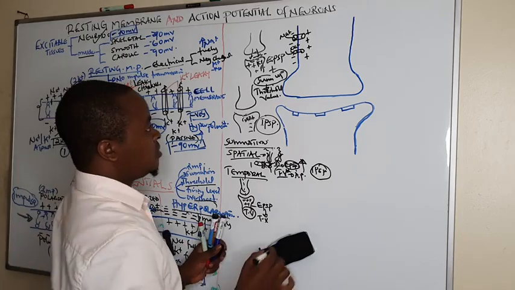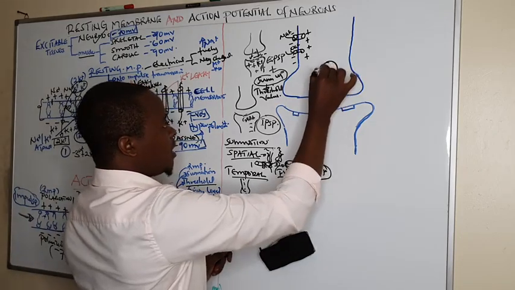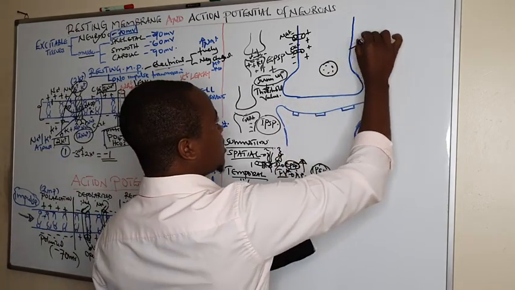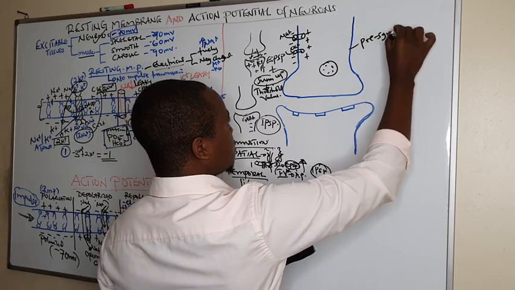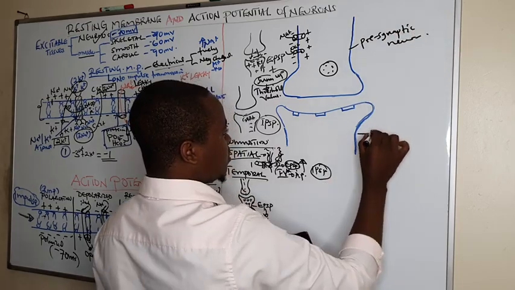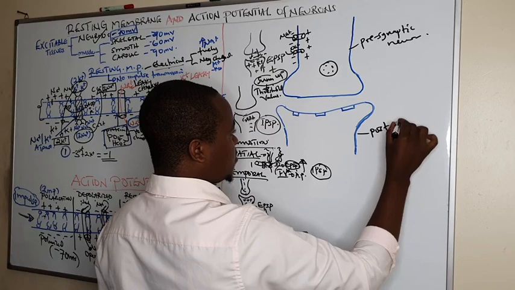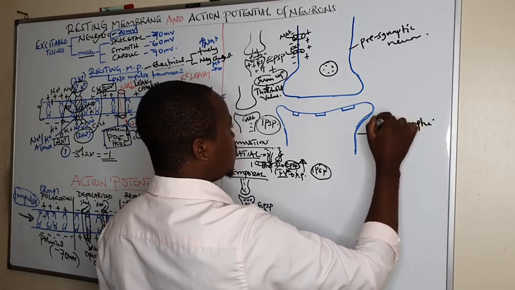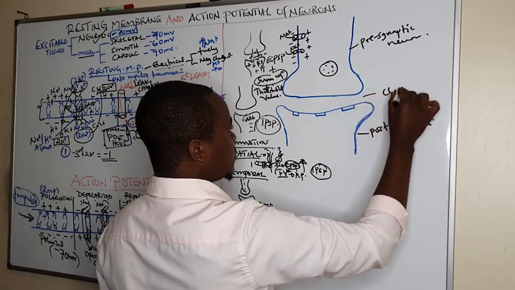This is what we call depolarization. And when they become depolarized, this is the presynaptic neuron, then this is the postsynaptic neuron, this is the synaptic cleft.